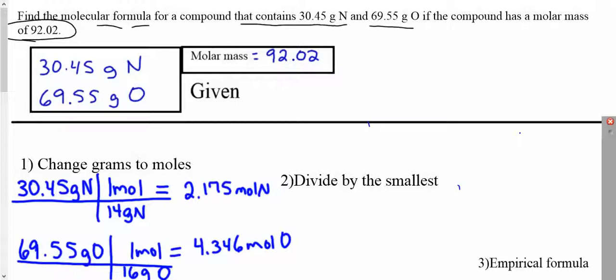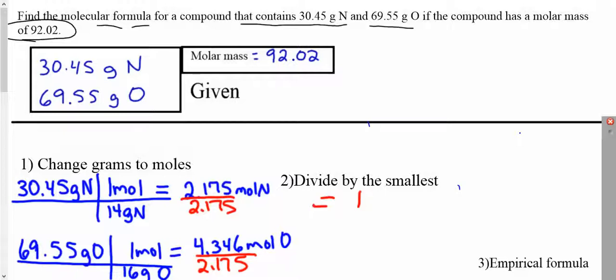Now, the next step for finding empirical formula tells you to divide by the smallest number of moles. 2.175 is smaller than 4.346. So I will divide 2.175 by itself, and that comes out to 1, which I've done here, divide by the smallest. Do the same thing here, divide this one by the smallest, which is 2.175.